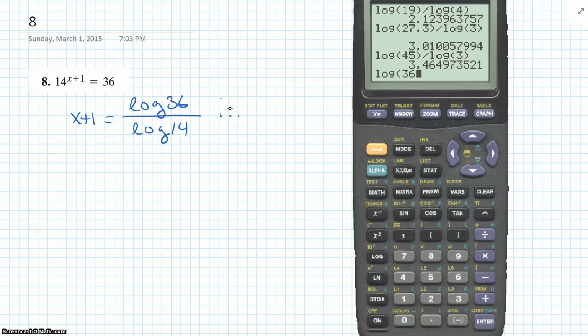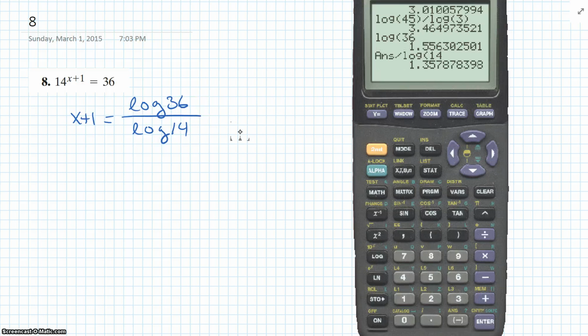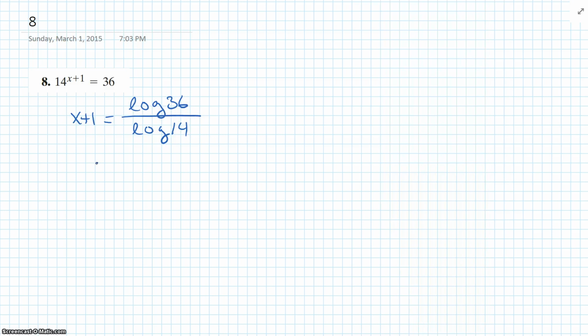So log of 36 divided by log of 14. 1.358. X plus 1 equals 1.358. Okay, so subtract 1, so x equals 0.358.